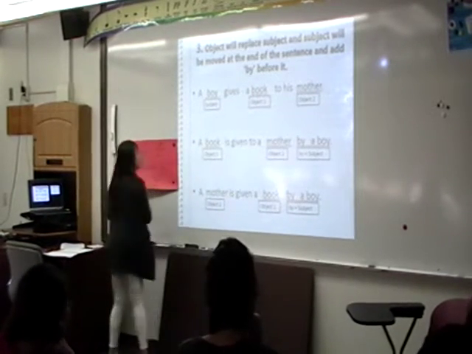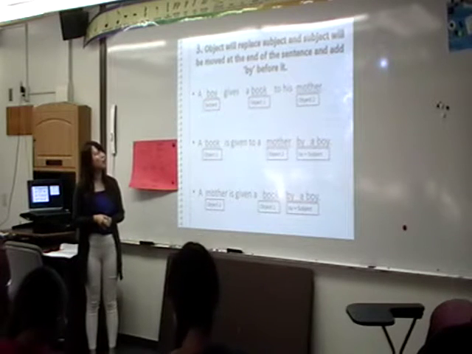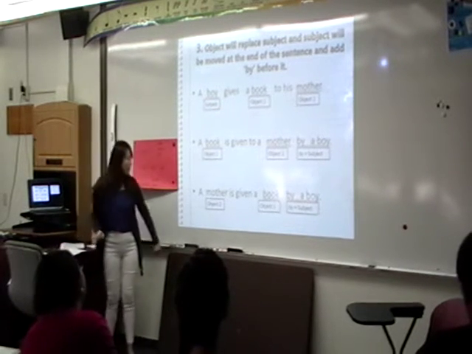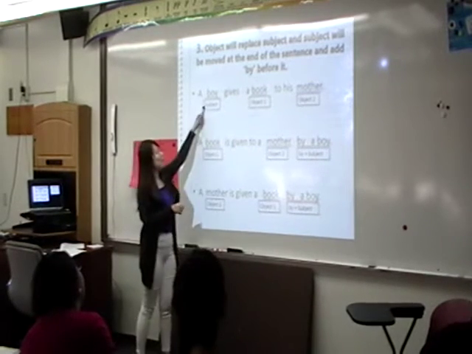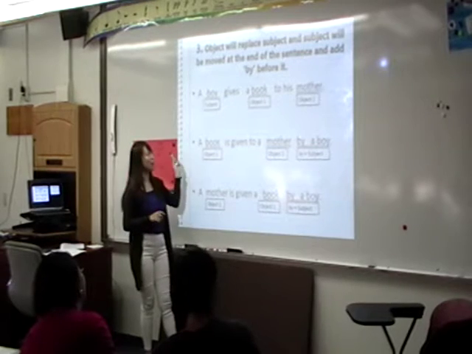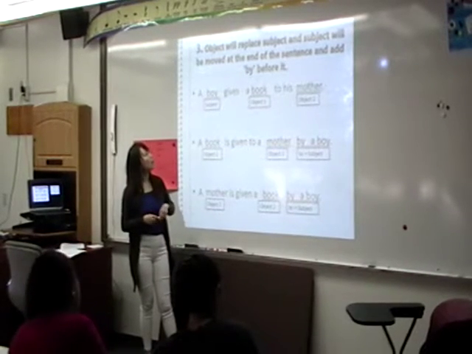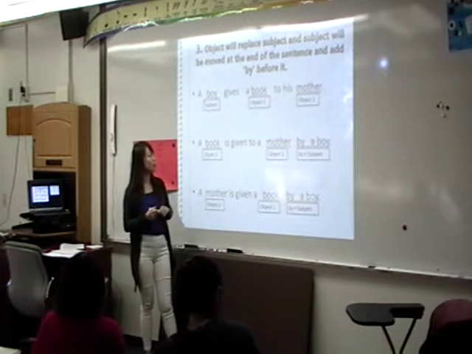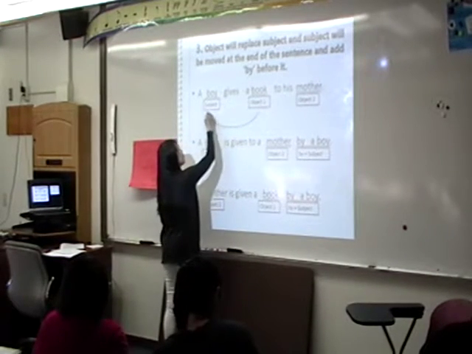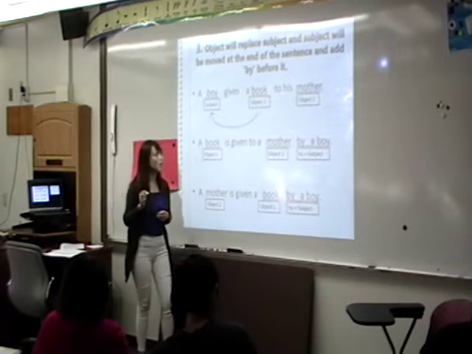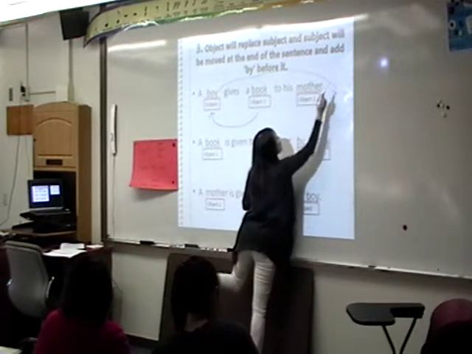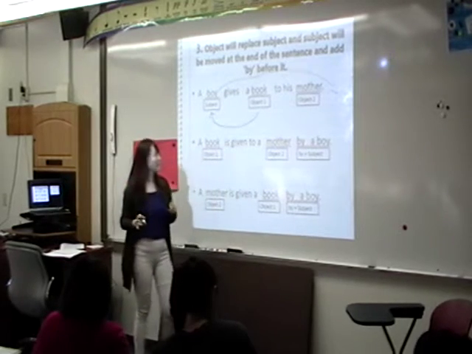So, for the third step, we need to practice how to move our subjects and objects. Like this one, a boy gives a book to his mother. It looks familiar, right? That is our example sentence. So when it changes to be passive voice, the object will replace the subject, and the subject will go to the end of the sentence.